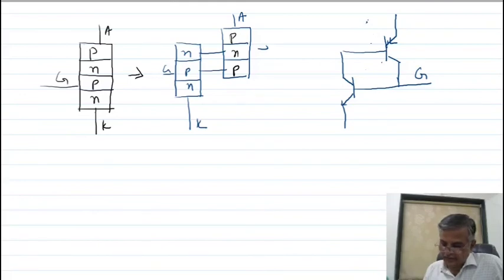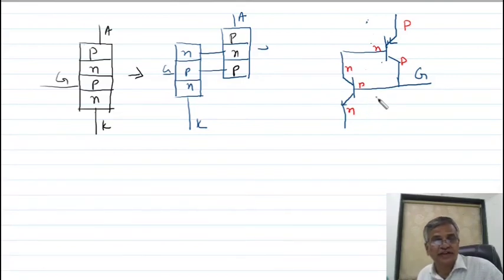Look carefully: this is P, N, P, N, P, N. This N I have shown here, this P is this, and this N is here. So one PNP transistor I have shown here, and the second, an NPN transistor, here.